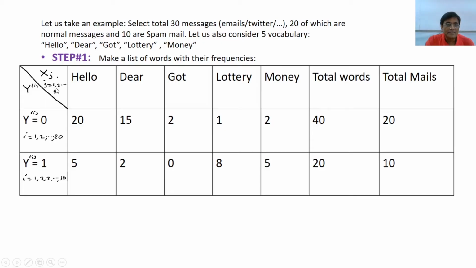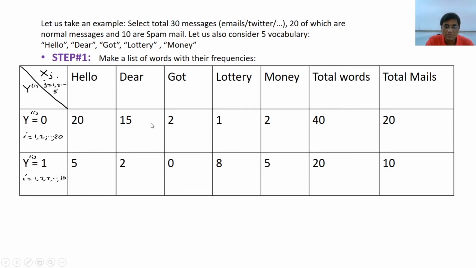So these are my xj, j equals 1, 2, 3, 4, 5, and these are my 2 classes. This is y equals 0, the class of normal messages, and there are 20 mail samples, and this is spam mail, with 10 samples. Here I have computed the frequency of the words from the 20 mails.